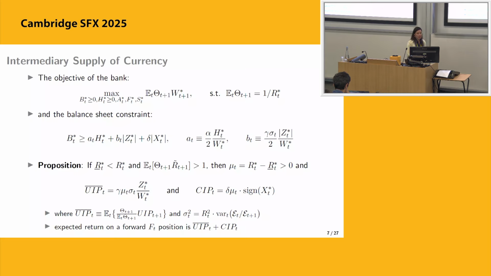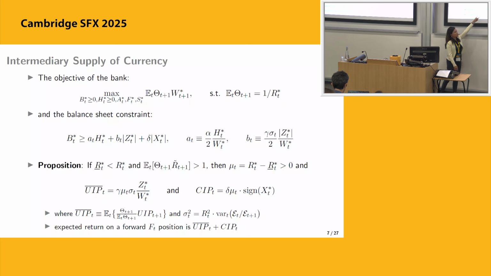So what do we get as the solution to this? We'll get that the UIP deviation, and the bars here basically is an expectation, will be increasing in the currency risk exposure Z, and it will be increasing more if the shadow cost of expanding the balance sheet mu is high. Basically, if a dollar borrowing has a higher rate than the yield on the reserves, then this constraint is binding.